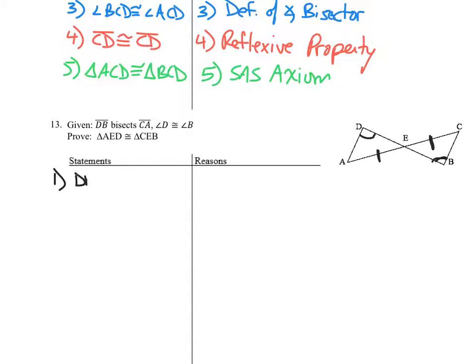So DB bisects CA. And in this case, I'll chuck in DB is congruent to, D and B are congruent to one another.